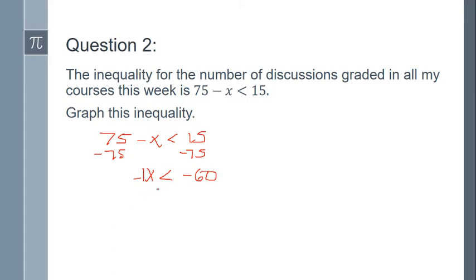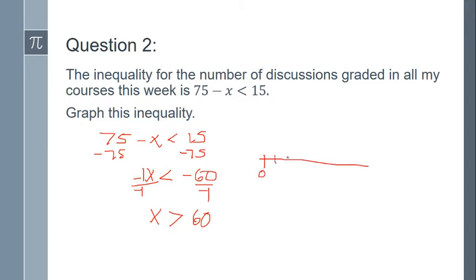To undo multiplying by negative 1, I divide both sides by negative 1. Then we get that x is greater than 60, positive. Remember, a negative times a negative is a positive. And whenever we multiply or divide both sides of an inequality by a negative, we have to flip the direction of the inequality symbol.